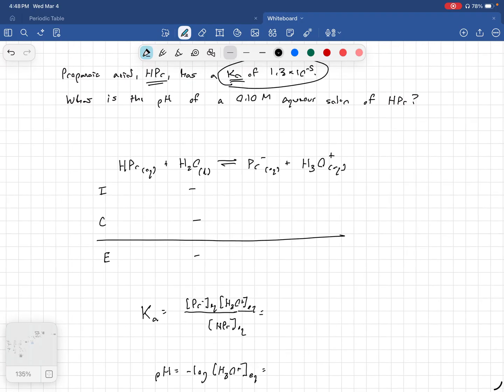So our initial concentration of HPr is 0.10 molar, and then our initial concentrations of H3O plus and Pr minus are 0. Now, Pr minus is easy to assume is a 0. We just assume no equilibrium yet.